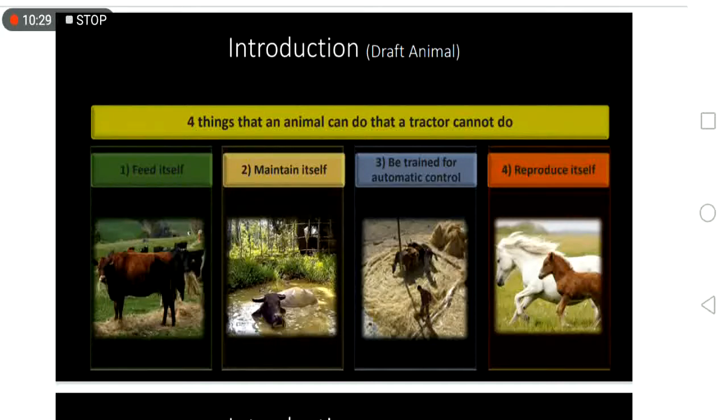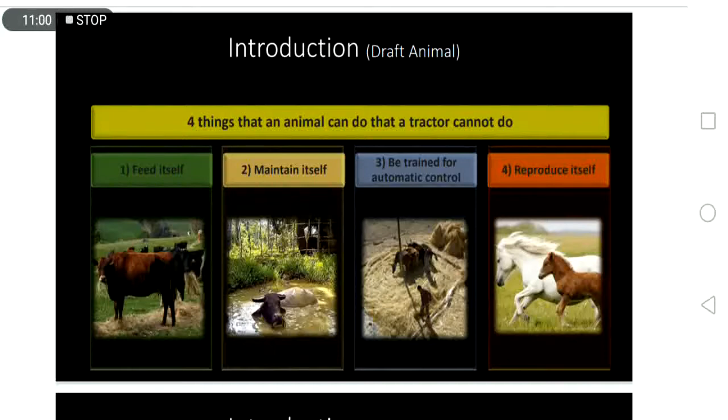While number three is to be trained for automatic control. Like what you have seen in the picture, they are trampling the rice straw with grains so that the palay will be threshed. They are trampling the field in a circular motion.